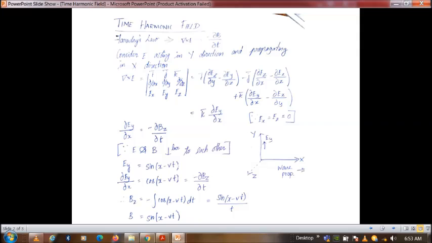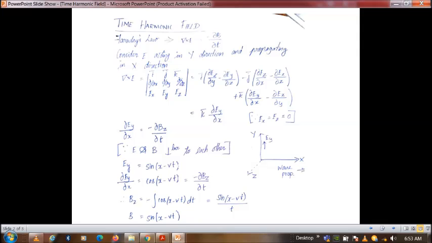We already know the relation between electric field intensity and magnetic flux density, which are perpendicular to each other. The propagation will be given as Ey is equal to sin(x minus Vt).